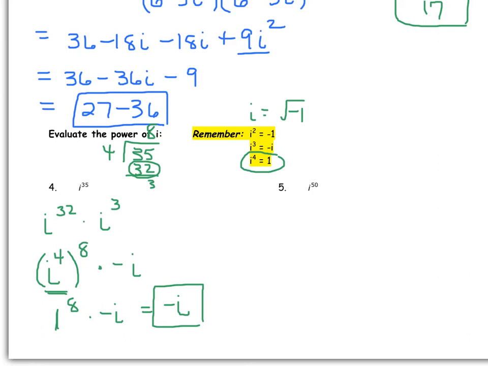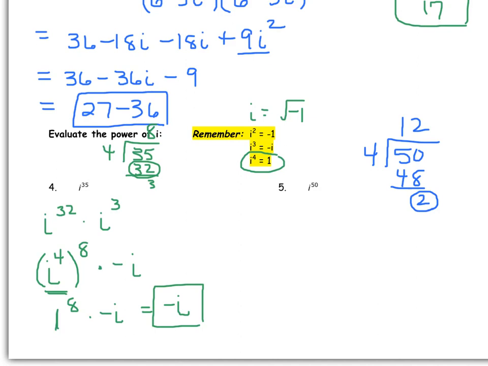And the last example, we've got i to the 50th power. We take that power, see how many times we have a power of 4 in there. That's going to go 12 times. So there's 48, and there's 2 powers of i left over.